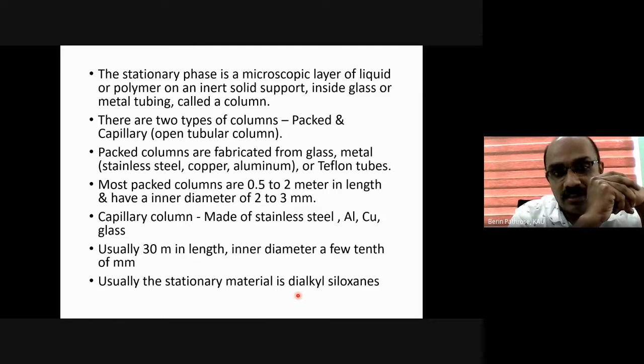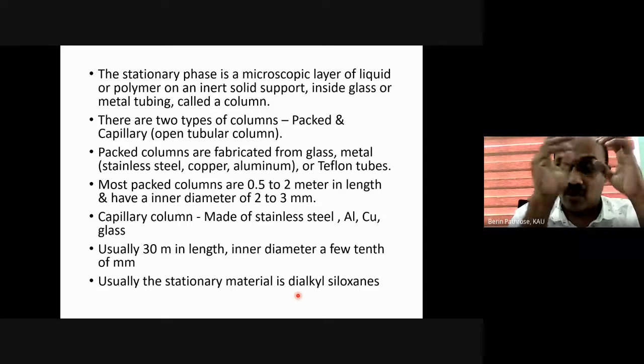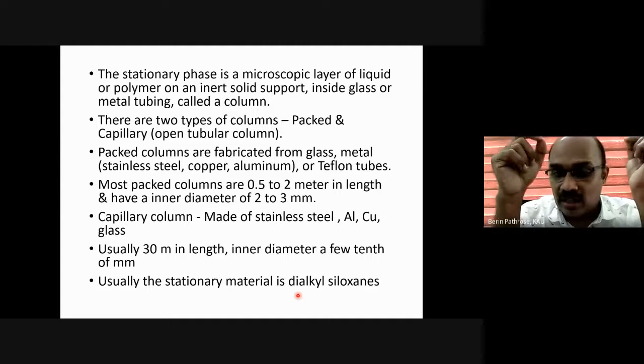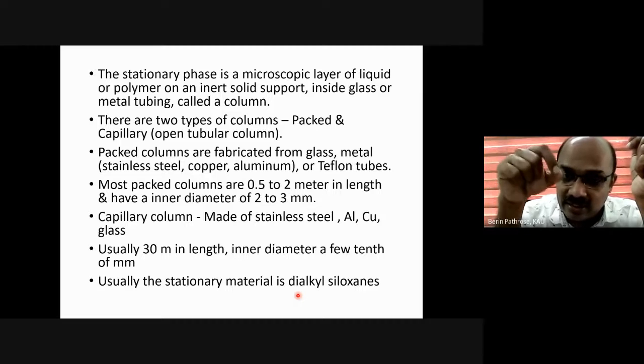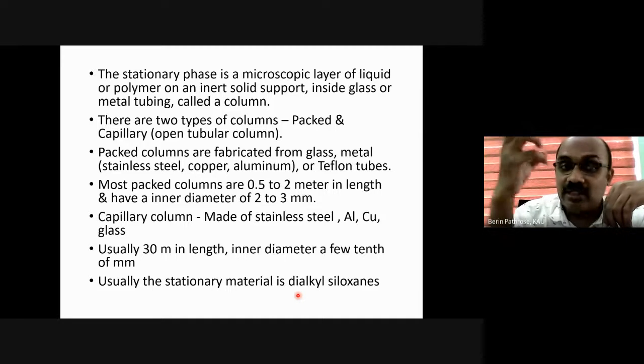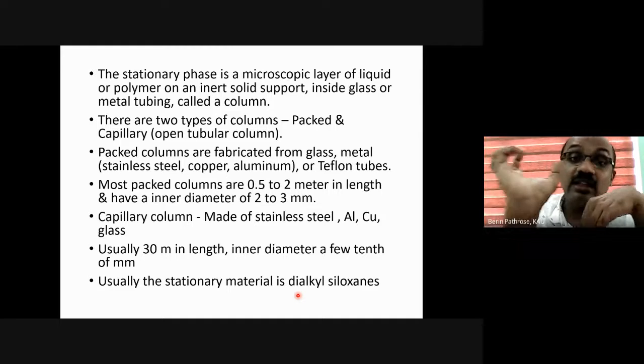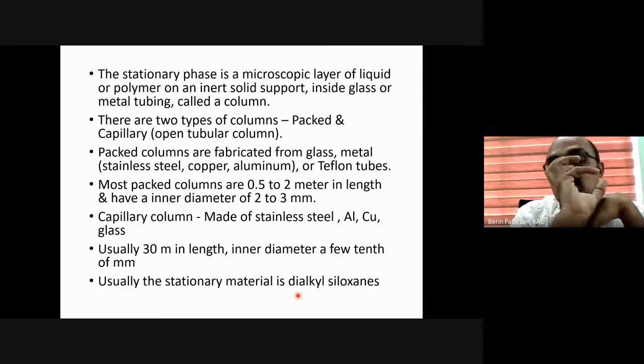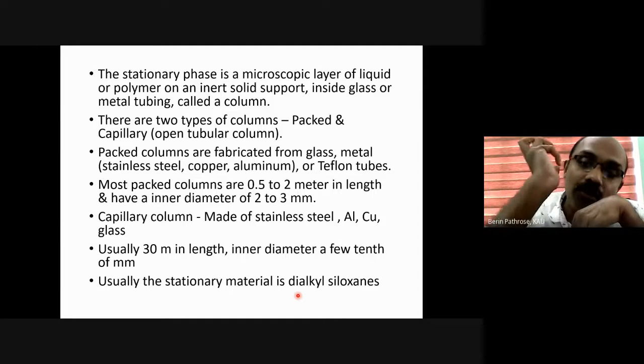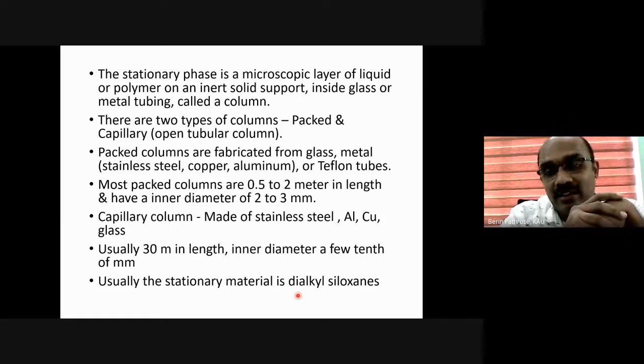So a column is made up of glass or metal, and inside that glass or metal we will have a very fine solid particle, and that fine solid particle will be coated with a liquid, and that liquid coated on the very fine particle acts as the stationary phase.